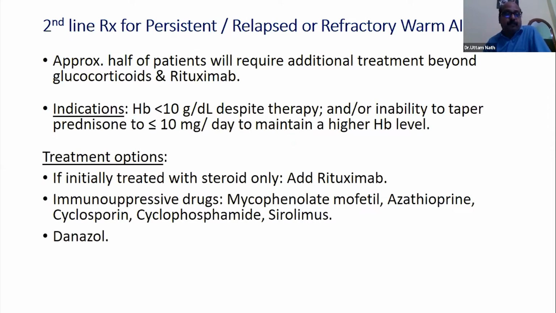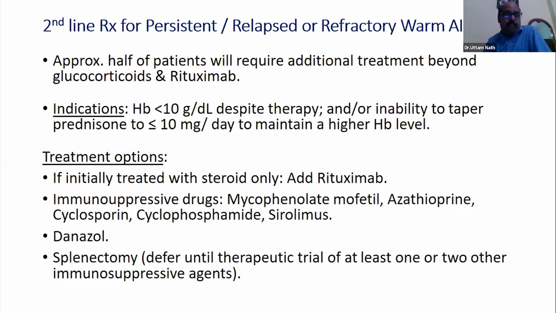In warm AIHA, danazol may be tried, and finally splenectomy. Regarding splenectomy, it is better to defer it unless we have tried at least 1 or 2 other immunosuppressive agents like rituximab, azathioprine, cyclosporine.